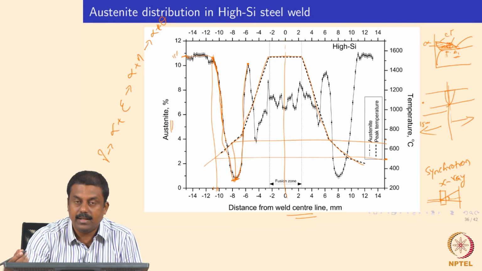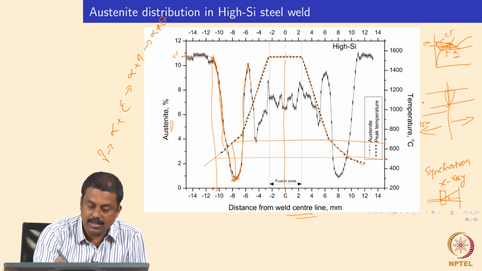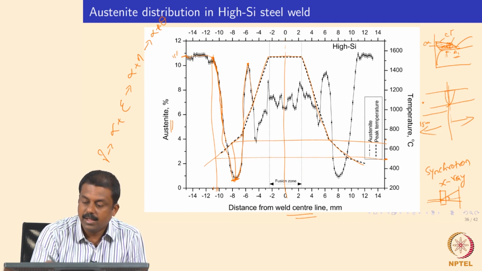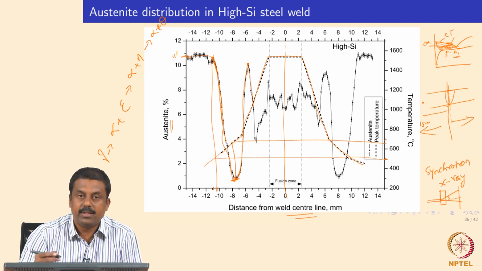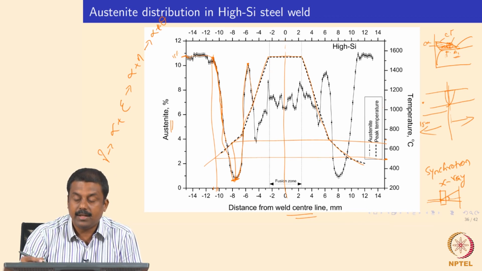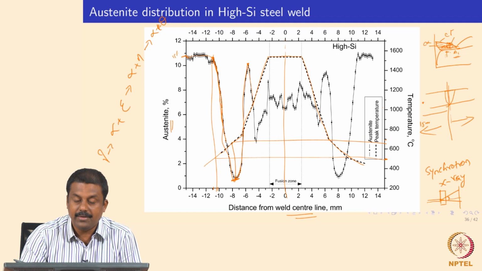We have seen in a conventional TRIP steel heat treatment, the temperature would be in the intercritical temperature region, and in this case, for example, somewhere around 900 to 1000 degrees centigrade when the peak temperature is reached. You should also be careful here: we are not welding in equilibrium conditions, right.